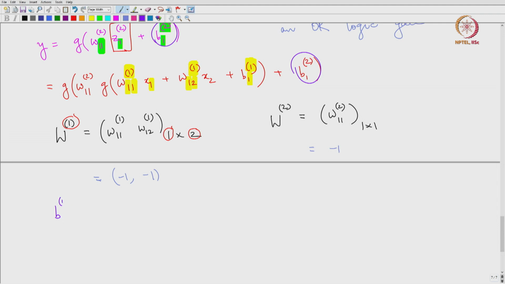So, the bias in the first layer contributing to the first node in the next layer is 1, and the bias in the second layer as it contributes to the next layer is just 1, okay.